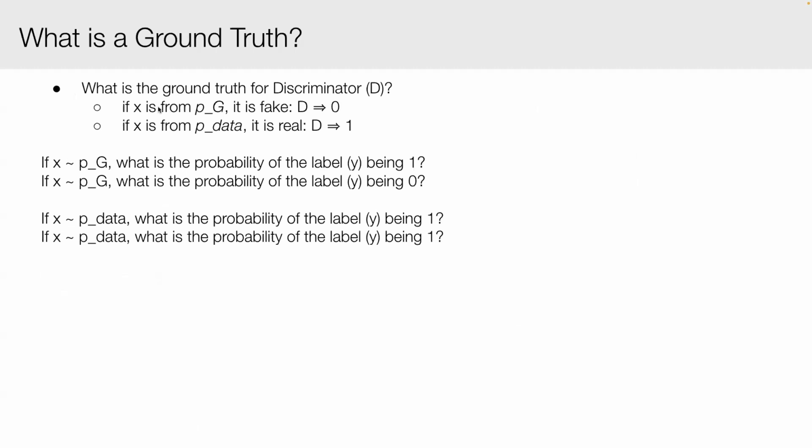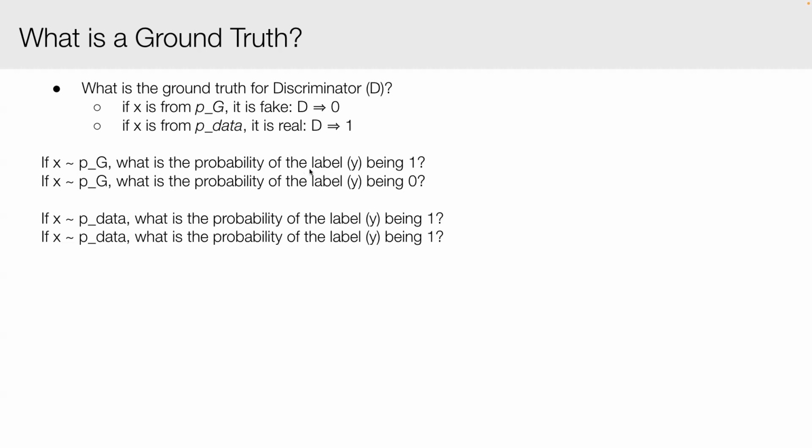Okay. So from now on, whenever I refer to X, I mean an image. So if an image X is from P of G, so from the distribution of the generator, it's fake, so the discriminator should output a 0. If it's from the distribution of the data set, then it's real. The discriminator should output a 1, right?